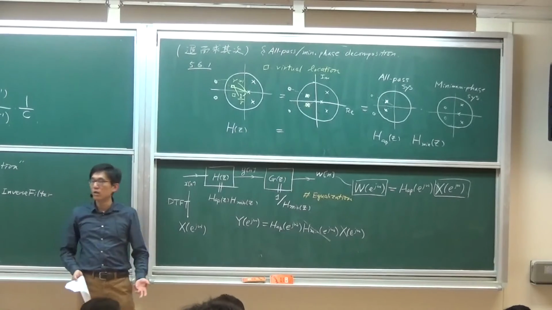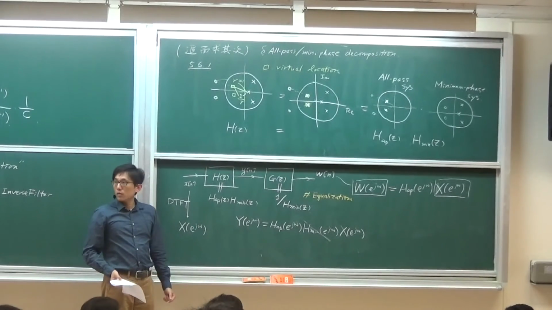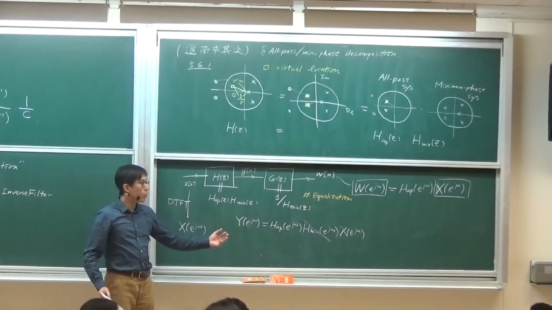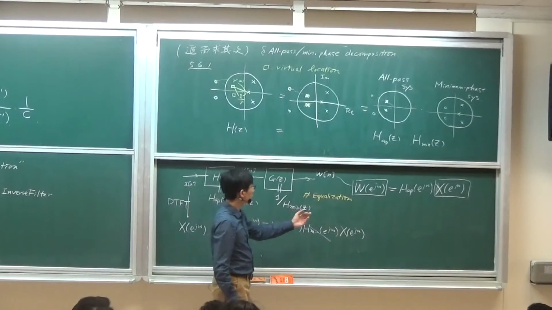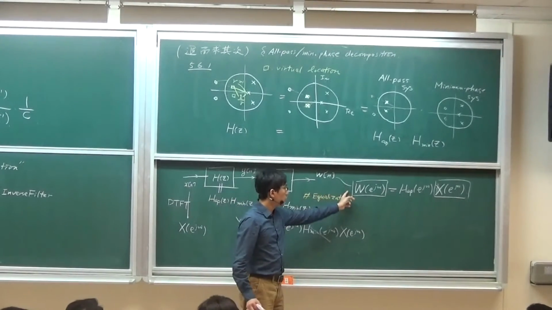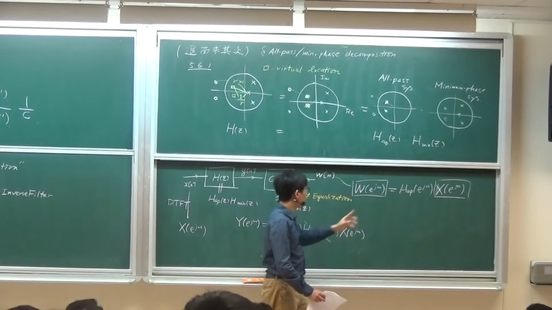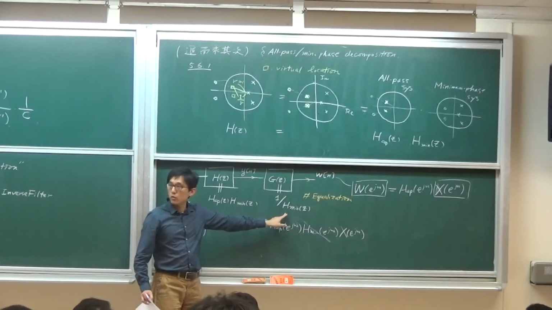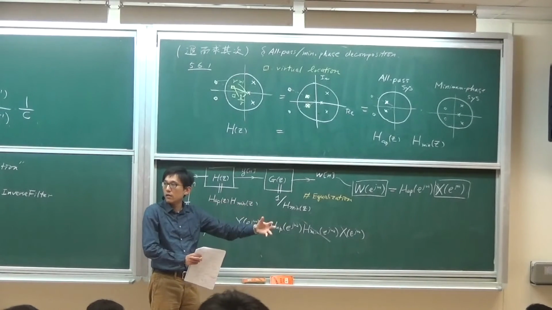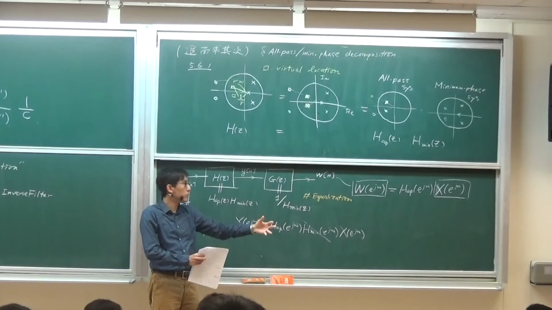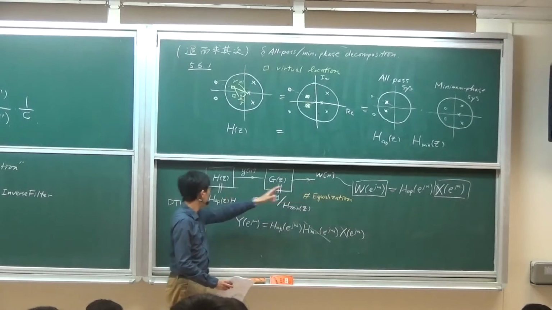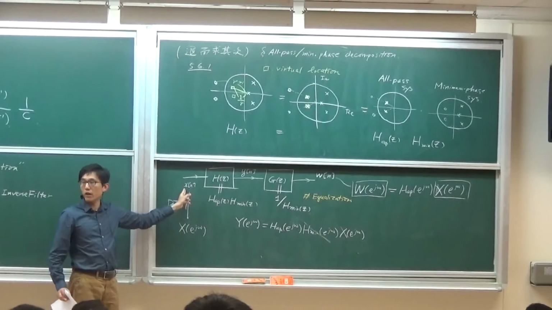What do we make equal? The thing that we have made equal are the magnitude spectrum of W and the magnitude spectrum of X. By applying this 1 over H_min, we equalize the magnitude spectrum of W to the magnitude spectrum of X.